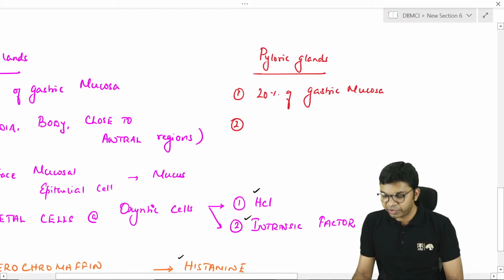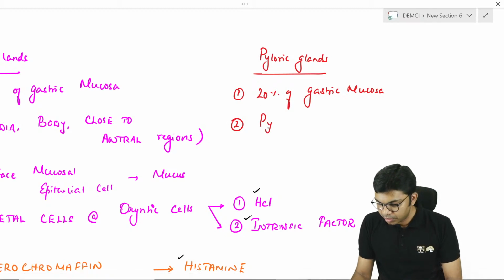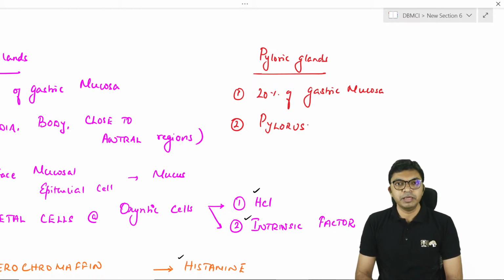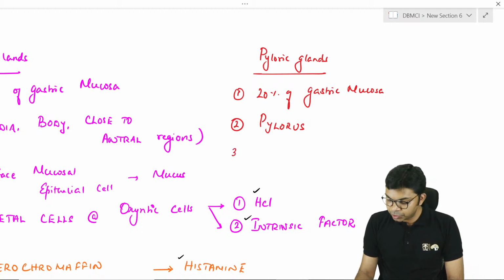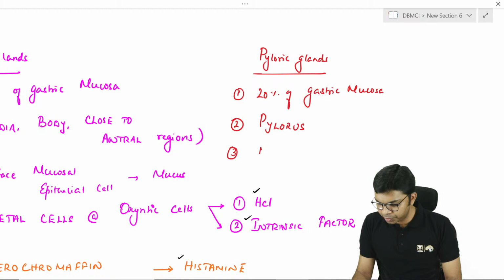That too, they are very exclusively located close to pylorus. These pyloric glands are not present in cardia, not present in fundus, body or antral region. They are located very close to pyloric region. The importance is pyloric glands do have mucus producing cells, more abundant mucus producing cells.